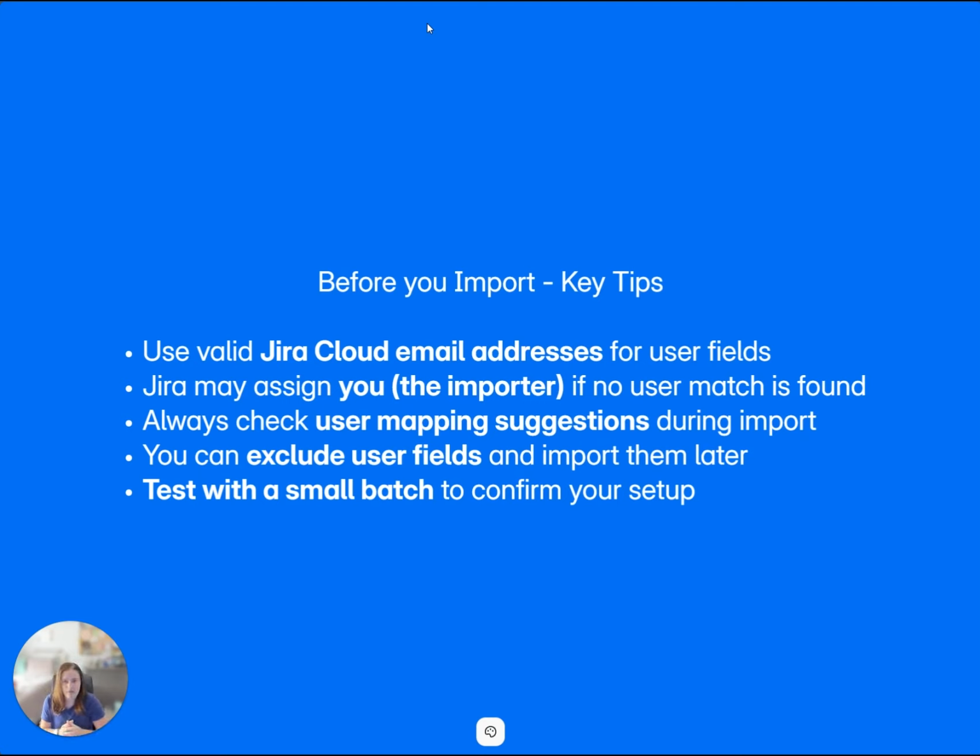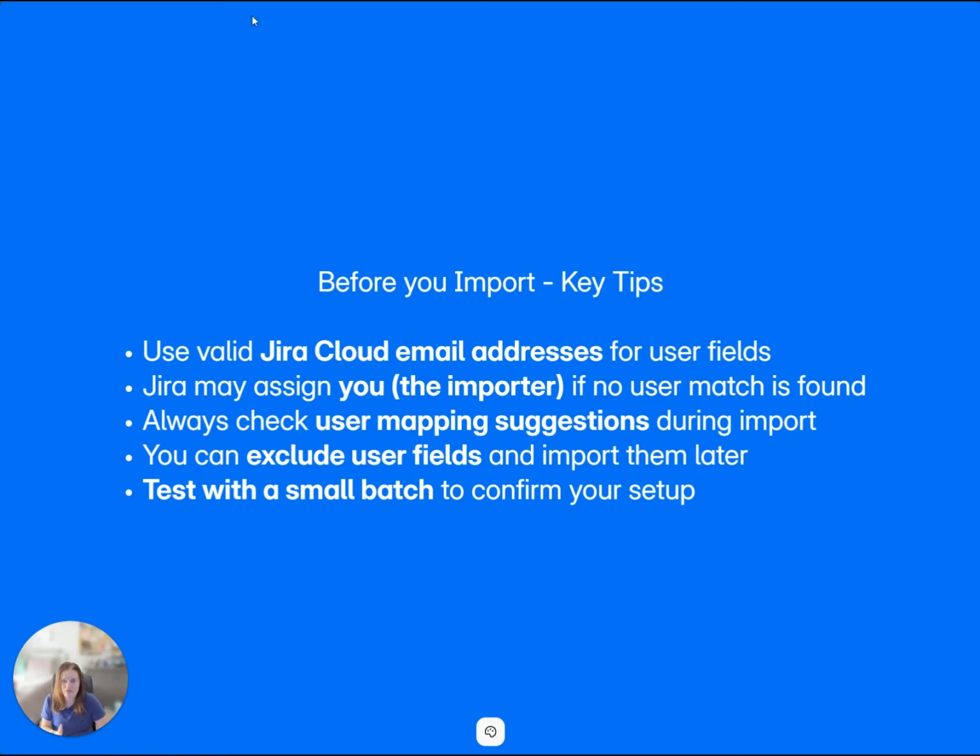So if you're taking an export and importing from Data Center, this is going to be tricky, because Data Center goes based off of usernames, whereas Cloud looks more or less at the email address or the regular name. If those don't line up, it can get a little tricky to import if it doesn't match your Jira Cloud accounts.